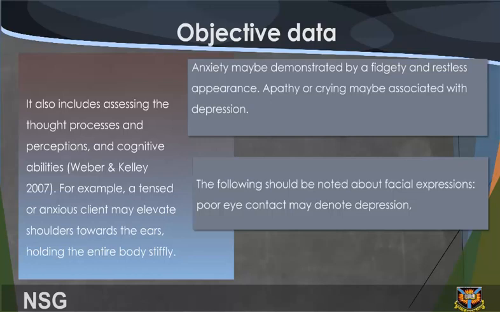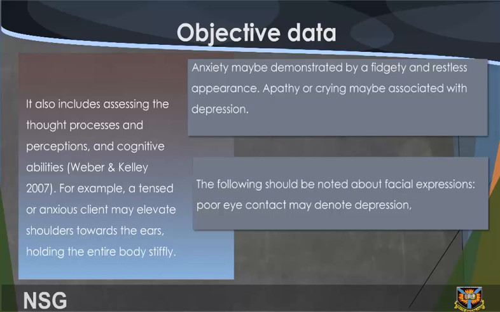2007. For example, a tense or anxious client may elevate shoulders towards the ears, holding the entire body stiffly. Anxiety may be demonstrated by a fidgety and restless appearance. Apathy or crying may be associated with depression.